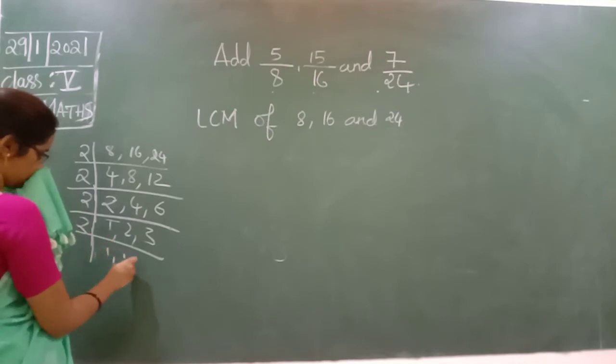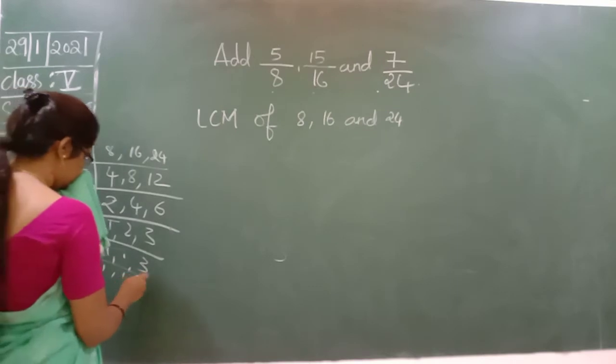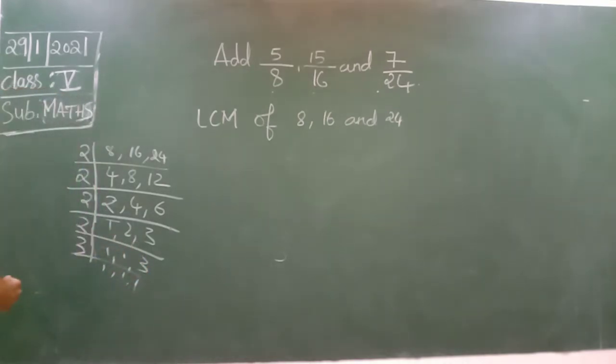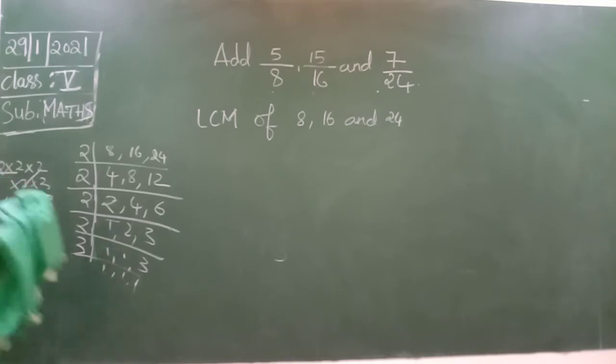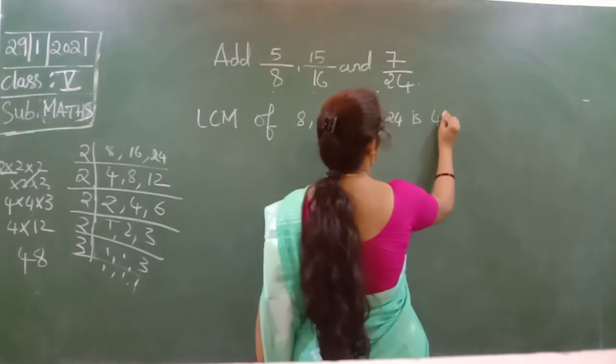Again 2 table, 3. Now multiply 2 into 2 into 2 into 2 into 3. 2 twos are 4, 4 into 4 into 3, that is 4 into 12. 12 fours are 48. 48 is the LCM.